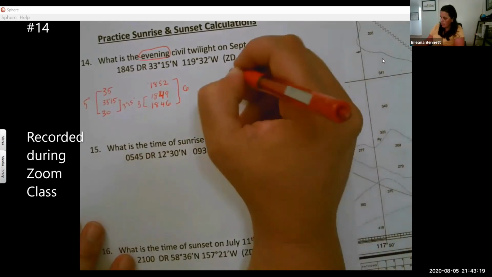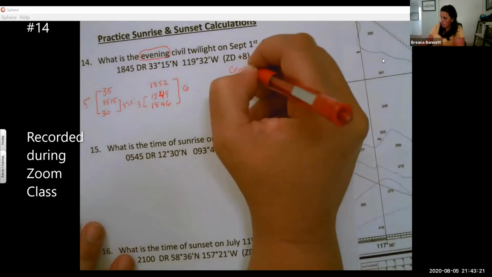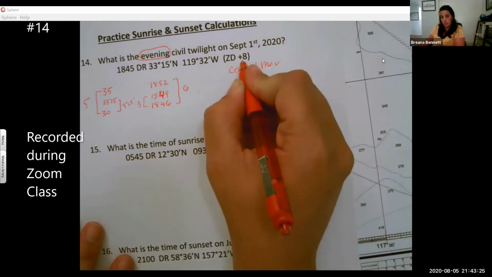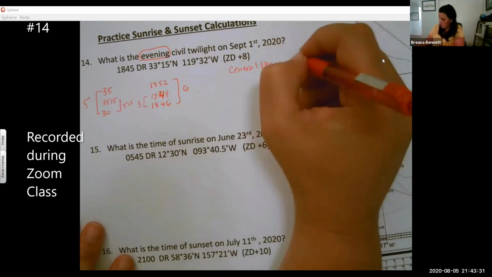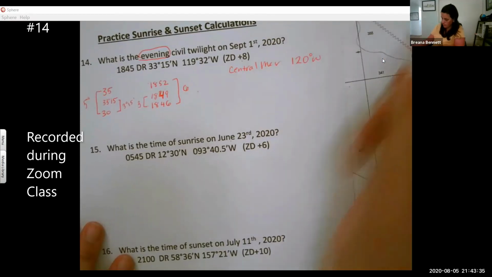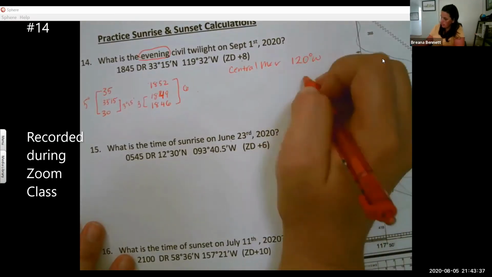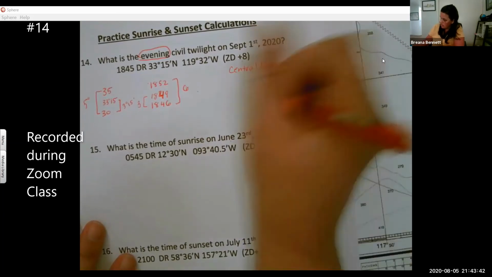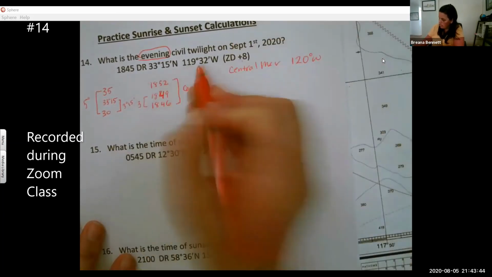I have my central meridian was 8 times 15, is that 120? 120 degrees west. So if I have 120, that puts me at 120 and 119.